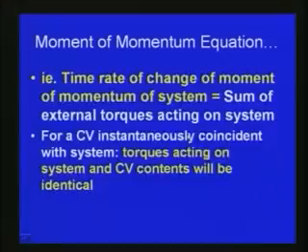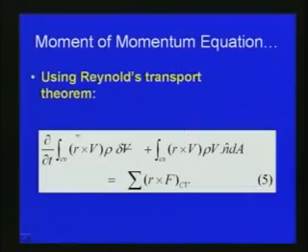So now, using the Reynolds transport theorem with respect to the previous equation number 4, we can write del by del t of the integral over the control volume of r cross v rho dV, plus the integral over the control surface of r cross v rho v dot n dA, is equal to sigma r cross f for the control volume.